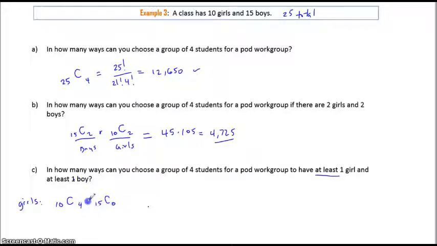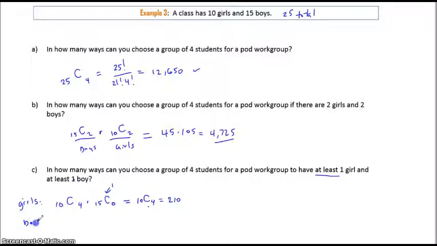I'll write that here because sometimes it's helpful to see the pattern. That turns out to equal 1, so it's not going to matter, and you can see that through the formula. 10C4 is the number of all-girl groups, and when you punch that into a calculator, you get 210.